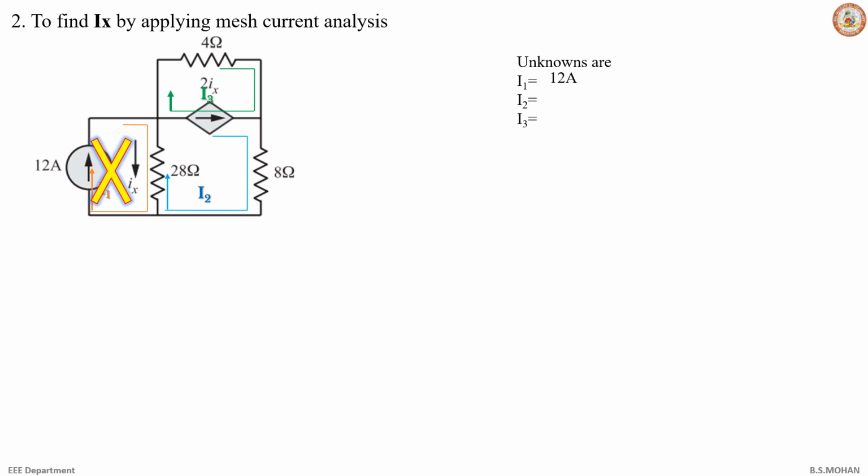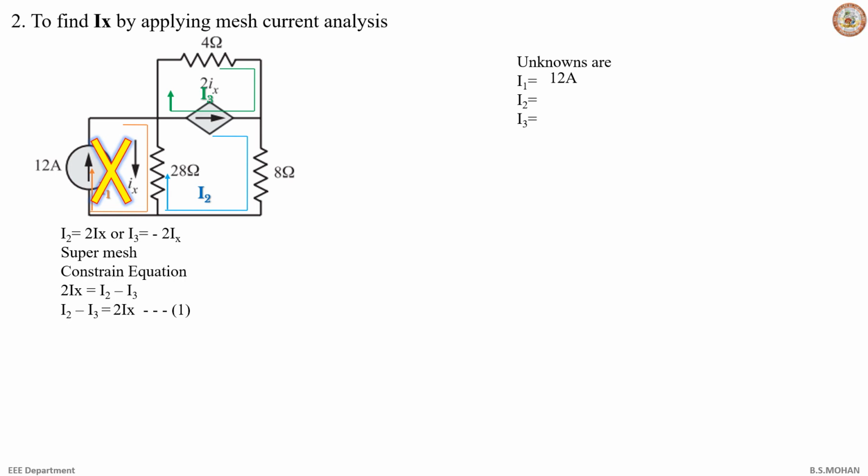Thus we have two unknowns and we need two equations for the solution. One is your constraint equation. As we discussed in the concept video of super mesh, we write the constraint equation as 2Ix is equal to I2 minus I3. I hope you are aware why we are writing so. I call this equation 1.